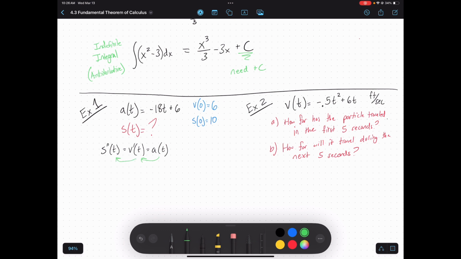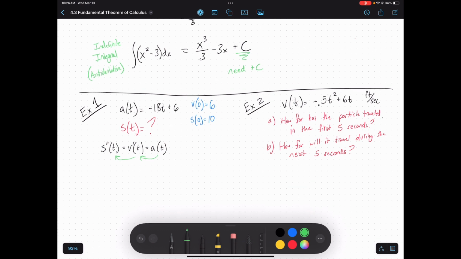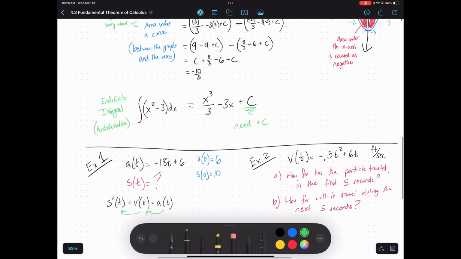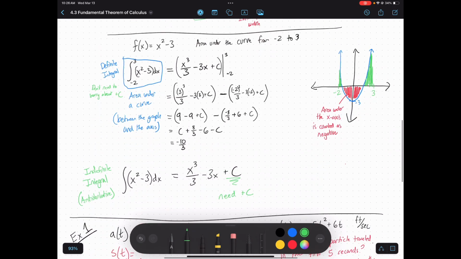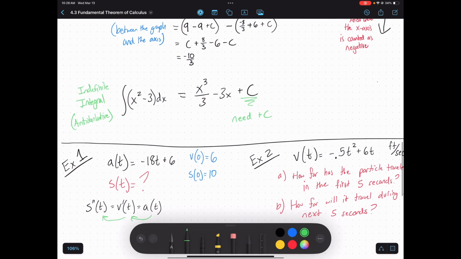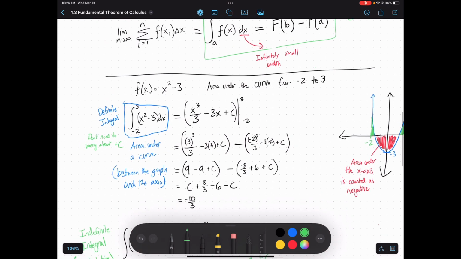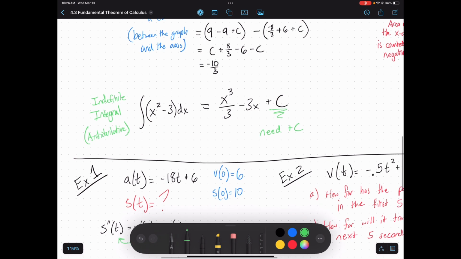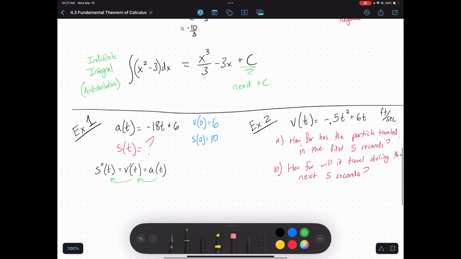So what am I actually doing here? Well, it's 4.3. Now that we know what this symbol actually means, all I'm really trying to figure out is, am I finding a definite integral or am I just finding an indefinite integral? What do you think?